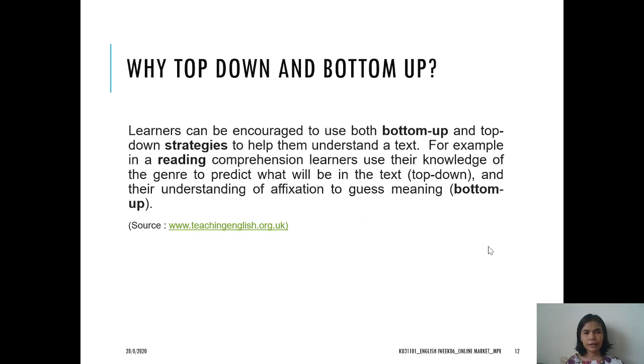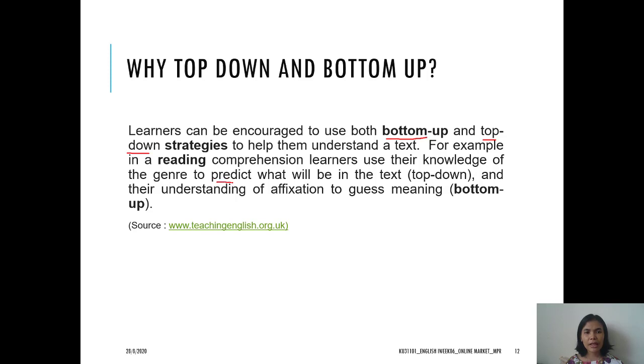As learners of a foreign language, you are encouraged to use both bottom-up and top-down strategies. Why do you think so? Because it will help you a lot in understanding a text, especially when it is long. For example, in reading comprehension, you use your knowledge of the genre to predict.